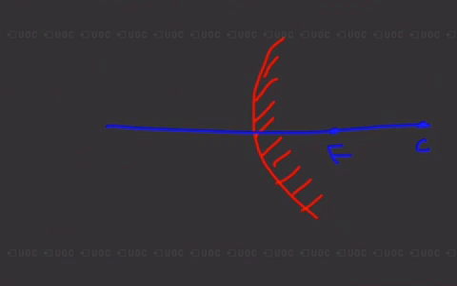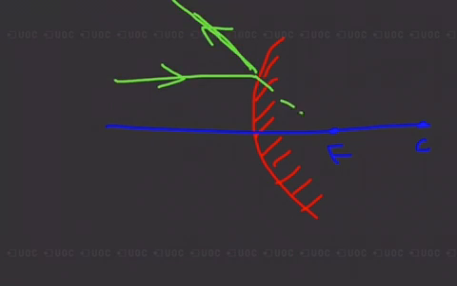Here this follows the same rules as for concave mirrors: whenever there's an incident ray parallel to the principal axis, the reflected ray passes through the focus, but instead of actually passing through it, it appears to pass through it. This is the incident ray and this is the reflected ray. When I extend it, it appears to pass through the focus.